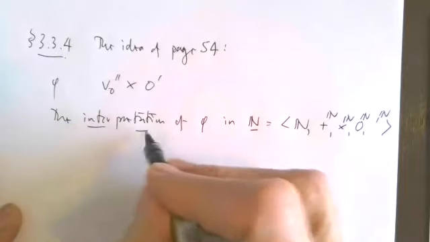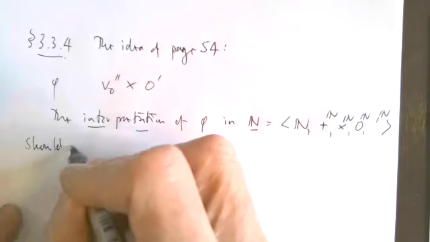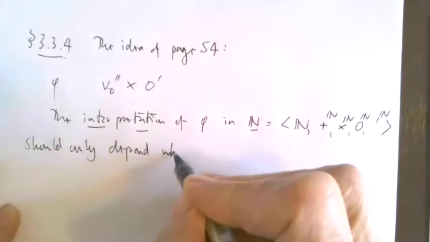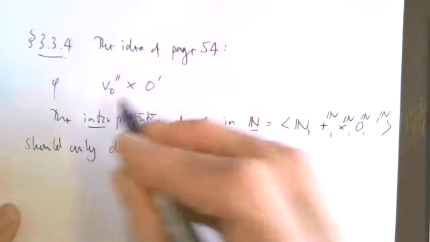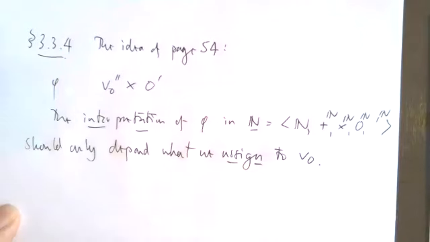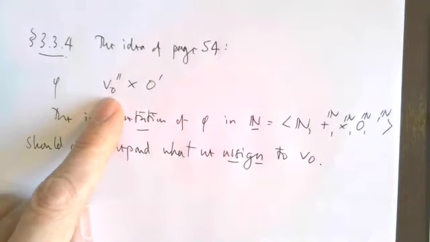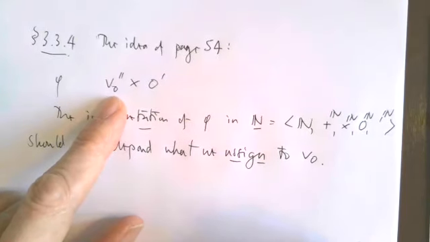So the interpretation of phi in the structure here should only depend on what we assign to v0. After all, it only mentions v0. What an assignment does to v1, v2, vn is entirely irrelevant.